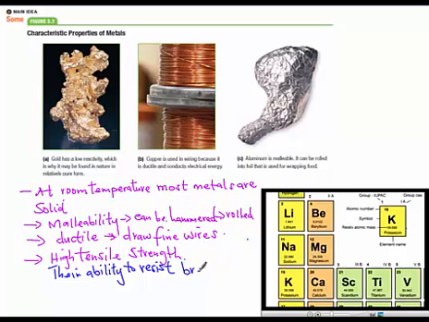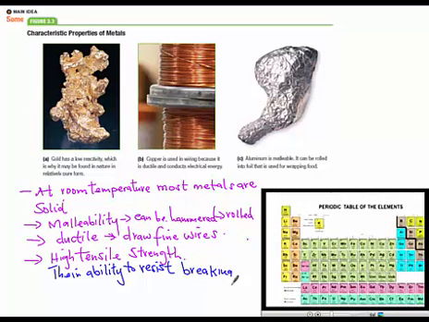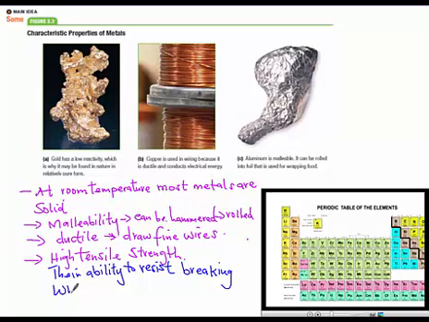So when you pull them, they will not easily break. This is just by the characteristics of metals.